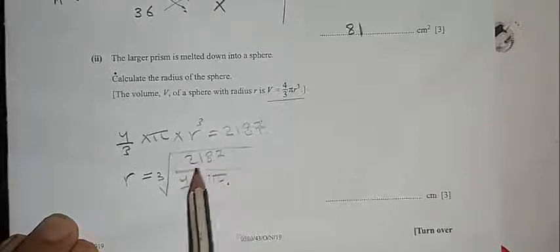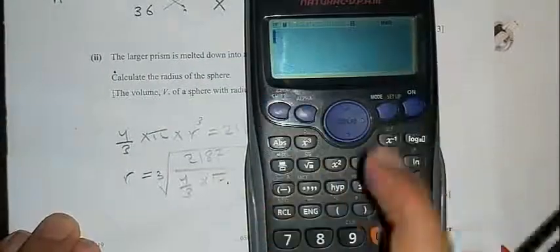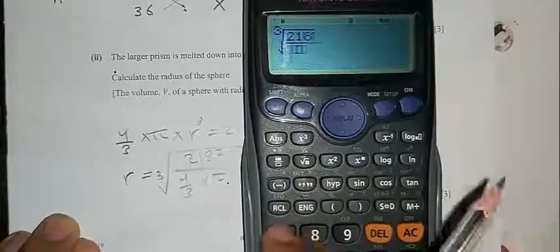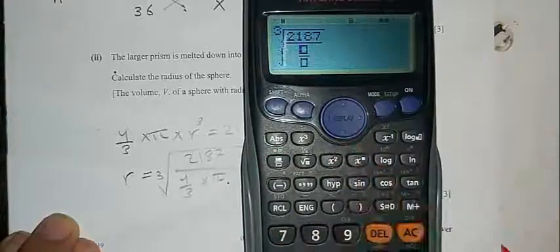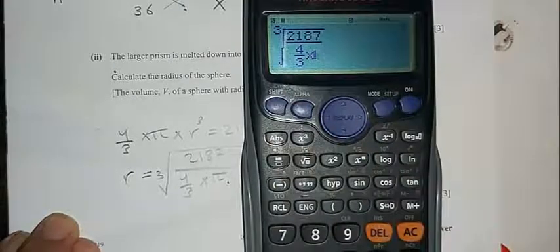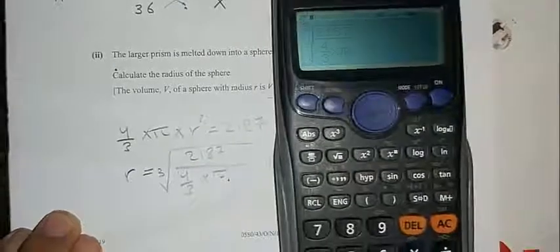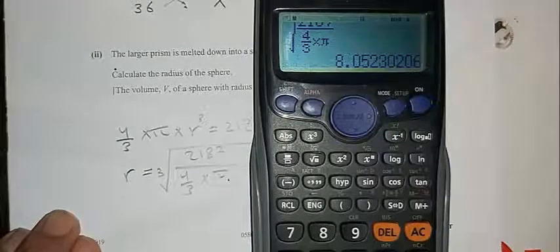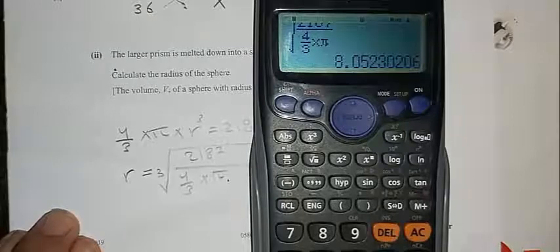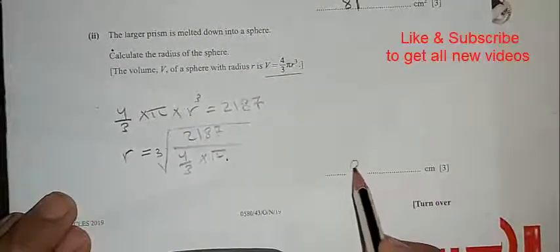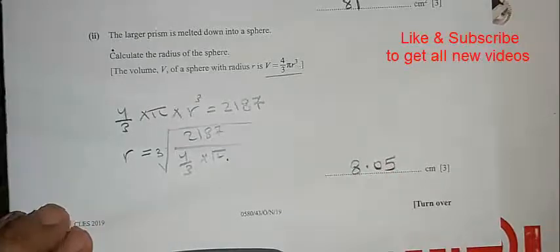This is all under the cubic root like that. 2187 over 4/3 times pi, this will be 8.05.